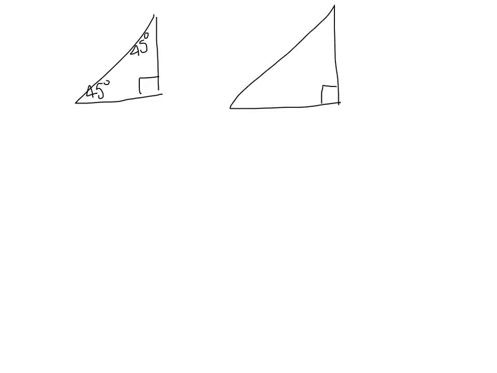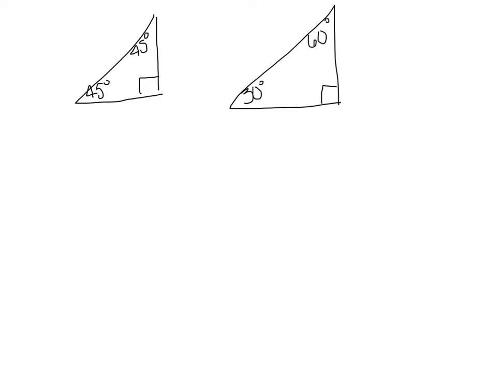Okay, the last thing we're going to cover in this first day of 5.2 are two special right triangles. The 45, 45, 90, and the 30, 60, 90 triangle.